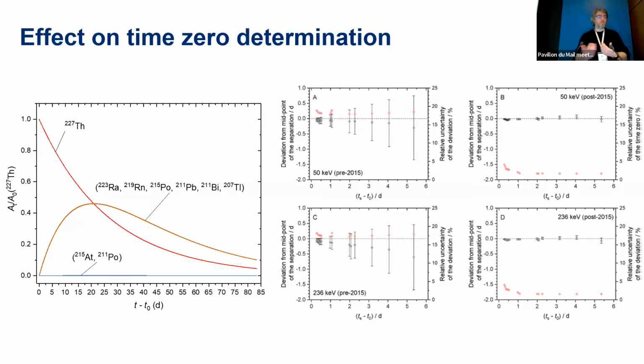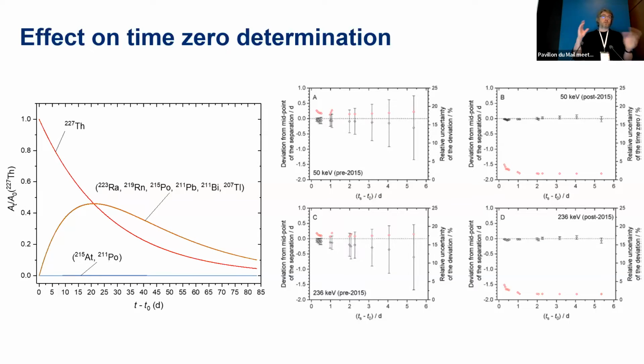Having this determination is also something that's quite useful for seeing if your chemical separation is good, because we've done this at MPL where we had somebody use the wrong resin, and as a quality check, we always do the time zero calculations on thorium-227, and so you see the output was that we're half a day away from the separation time.